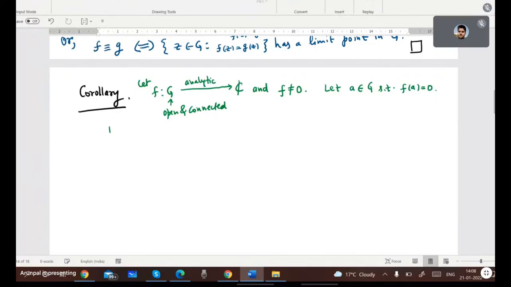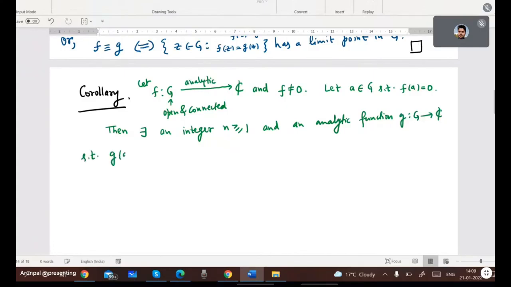So class, this corollary says then there exists an integer n greater than or equal to 1 and an analytic function g, which is analytic on G, such that g will not be 0 at this particular a, and f(z) will be equal to (z minus a) to the power n into g(z).